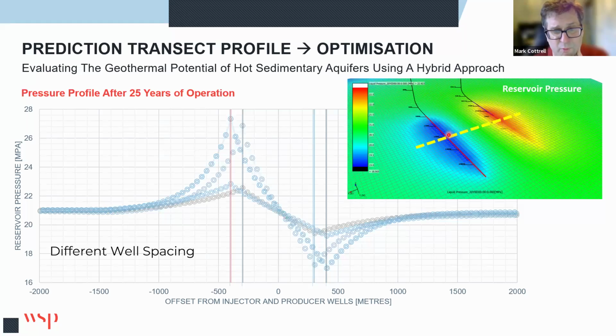At the producer side, we also need to keep an eye on the pressures. So things like in this environment where we have a naturally weaker rock, so a sandstone, we need to keep control of the pressures, because that influences things like wellbore stability and sanding risks.